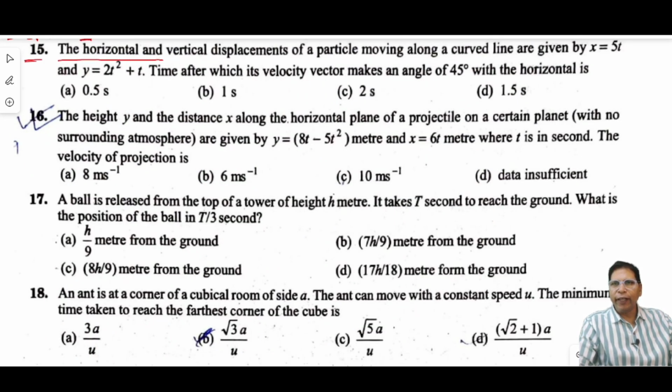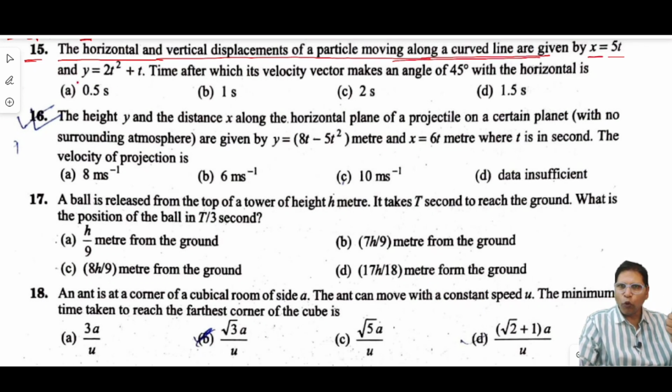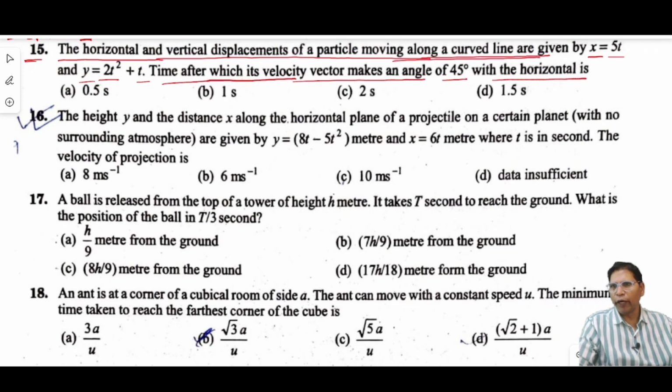The horizontal and vertical displacement of a particle moving along a curved line are given by x equals 5t and y equal to 2t square plus t. The time after which the velocity vector makes an angle 45 degree with the horizontal.